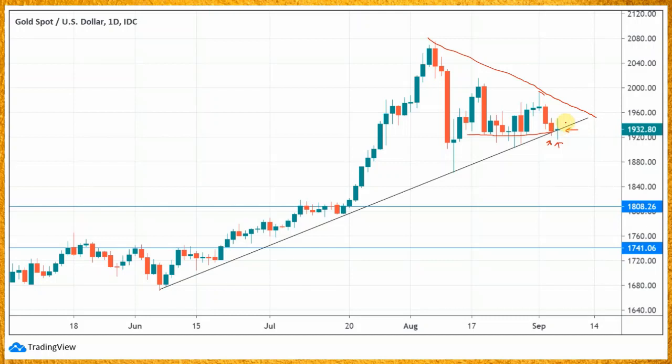One is that this could just turn around and shoot straight up, but it's looking a little bit on the weak side, and the fact that we've broken this support line twice suggests that this is weakening, so it's not going to take much for this to break and for price to drop. And there's not much support down here until we get into this zone over here. If we do drop, probably it'll drop and then we'll get a bit of a bounce up before coming down again.